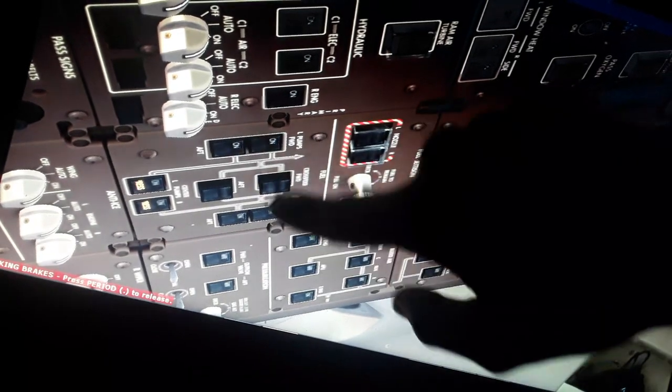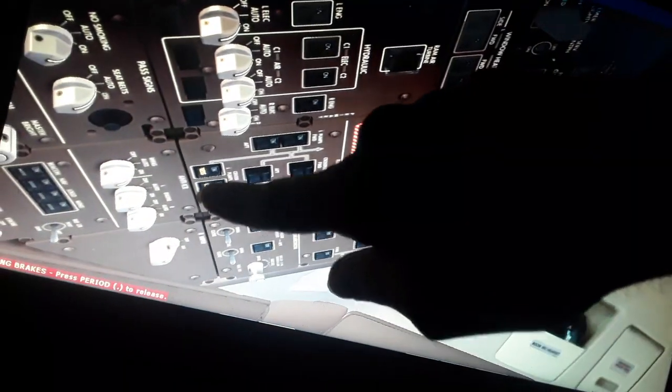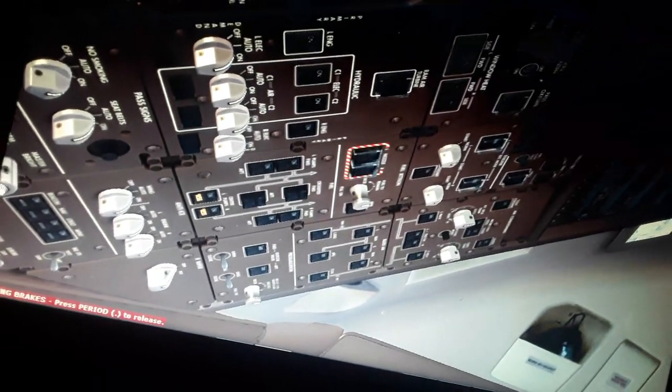They can balance the fuel level or be used as a backup. And also we have the fuel jettison, so we can dump some fuel in flight. And also we have the wing and engine anti-ice, and the cabin pressurization system for the aircraft. So these are the main systems.